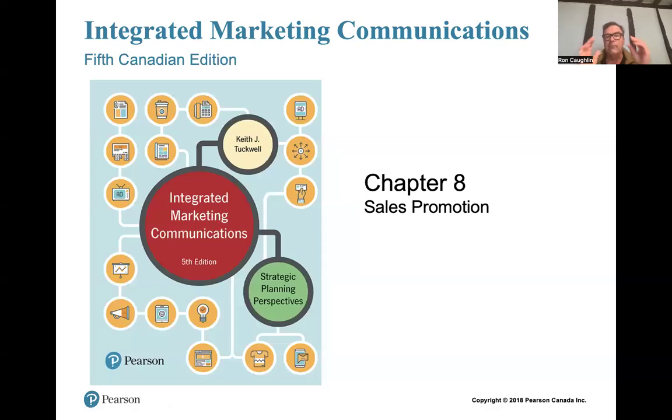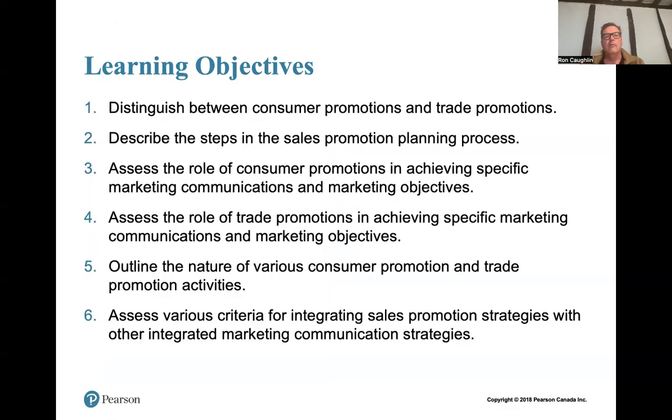So as I said, this is Chapter 8, Module 9, Week 9. We are focusing in on sales promotion. There's a lot of different elements that we need to talk about today, but specifically our learning objectives for today are to be able to distinguish between consumer promotions and trade promotions, as well as describe the steps involved in the sales promotion planning process, as well as the ability to create objectives and figure out who your target audience is and how you integrate all that.